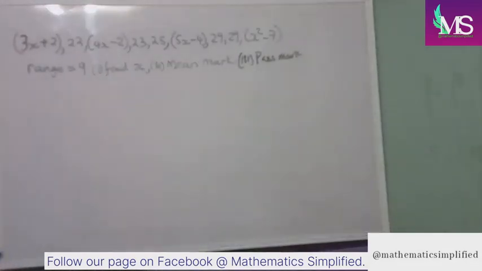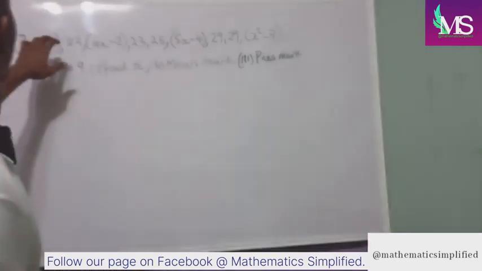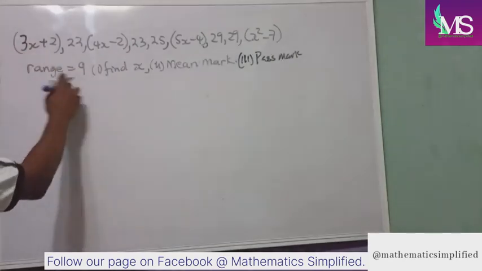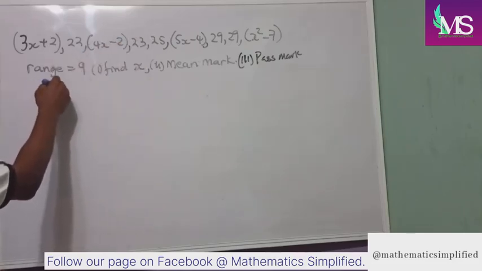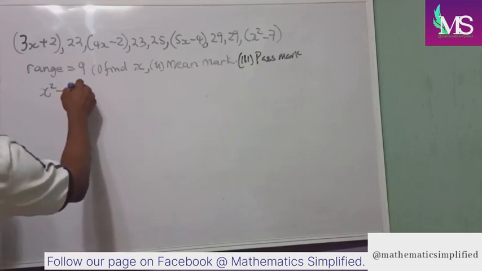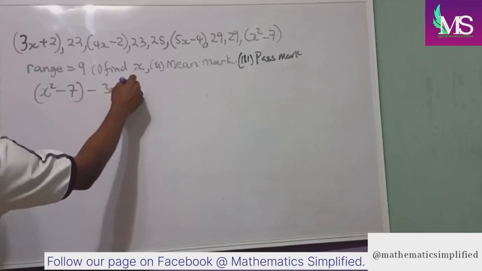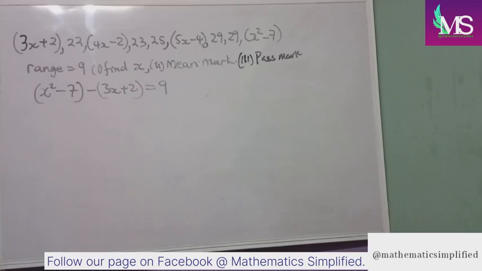Okay. Now we know that range is the highest value minus the smallest value. So looking at our range as highest minus smallest, it will become x squared minus 7 minus 3x plus 2 equals 9.